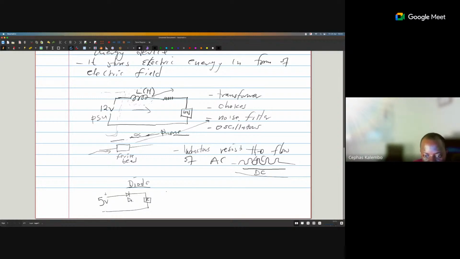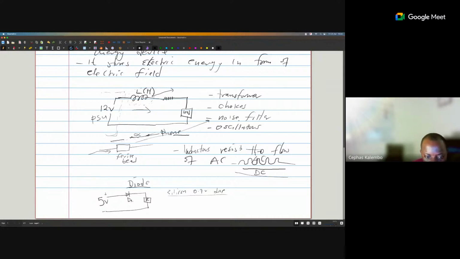If this diode is made from a silicon material, it's going to experience a 0.7 volts drop. What that means is that the threshold in order for current to start flowing through here is 0.7 volts.